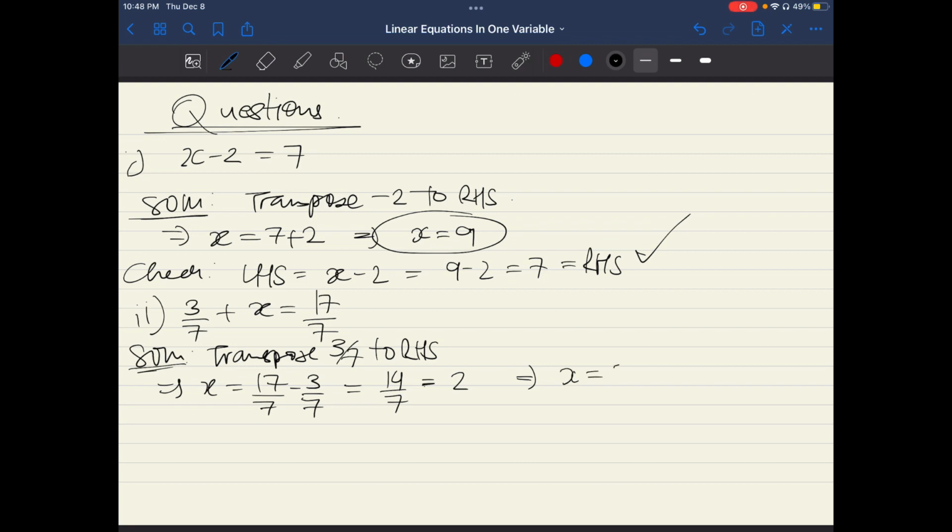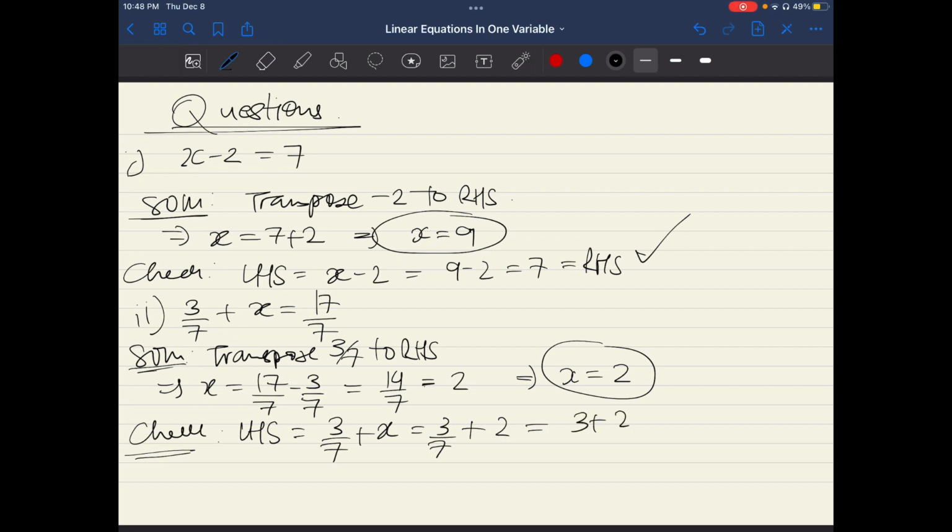Therefore, x equals 2 in this case. Now we can check if the solution is correct by substituting the value of x in the equation. So LHS equals 3 over 7 plus x, which is 3 over 7 plus 2, which is 3 plus 2 times 7 over 7, 3 plus 14 over 7, which is 17 over 7, which is the RHS. Henceforth, our solution is correct.